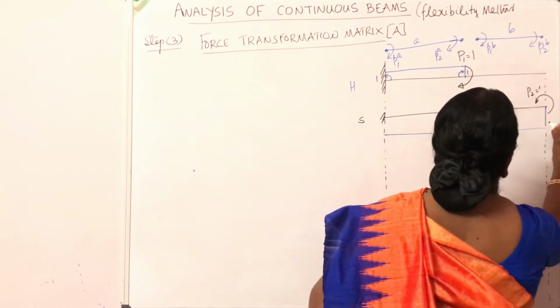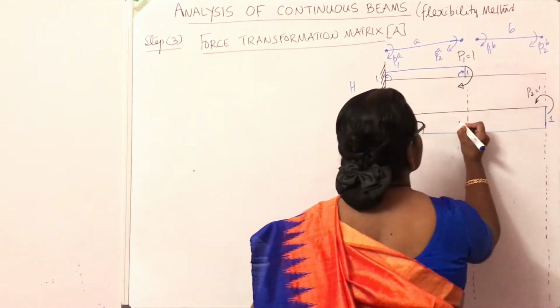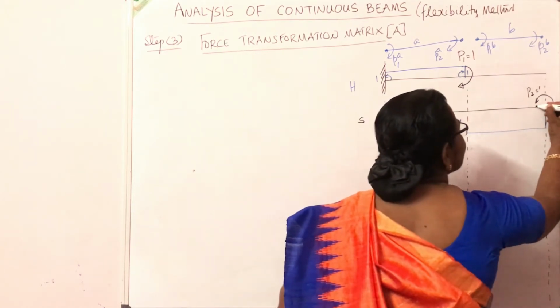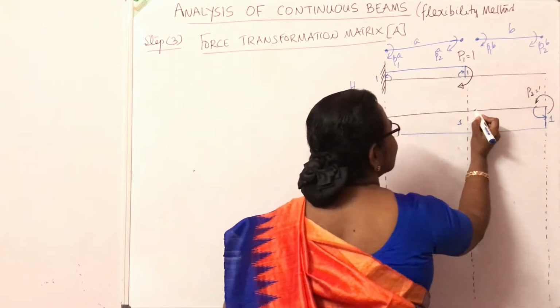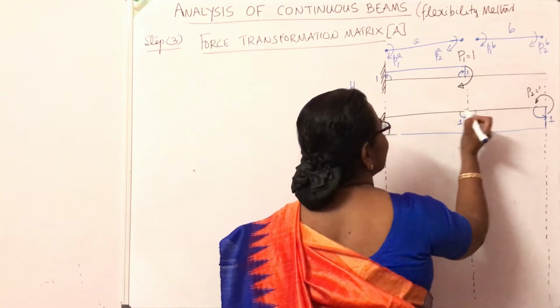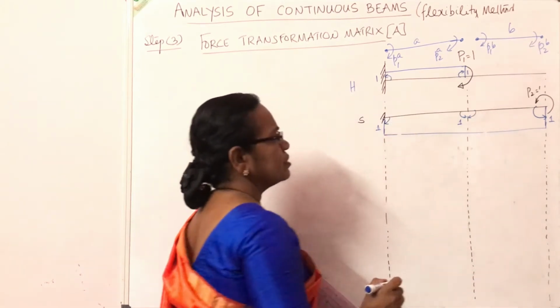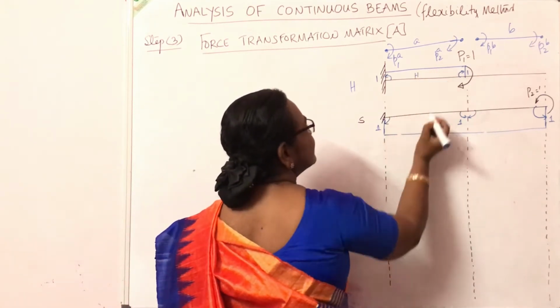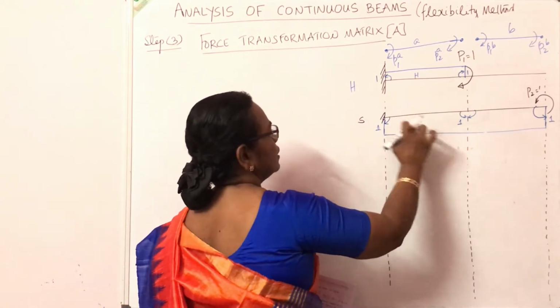This is 1. This is 1. Everywhere it is 1. So here it is clockwise, anti-clockwise, clockwise. It produces a sagging moment. So this is the hogging moment and this is the sagging moment I have written here.